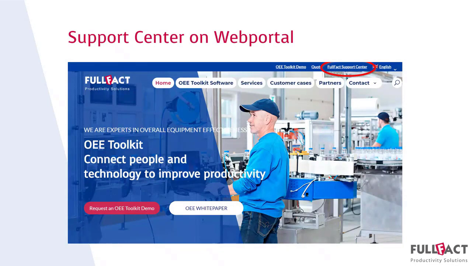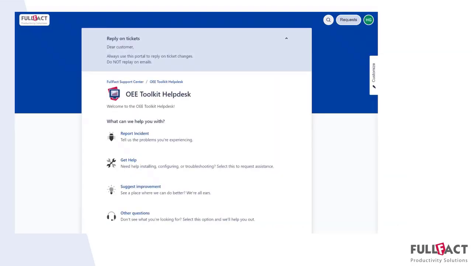It's accessible from our homepage, Full Fact Support Center, on the top right. When you select this, you are asked to sign in with an email address. The email address is stored and used as part of the authentication, and is also the way that we can find back reported issues.